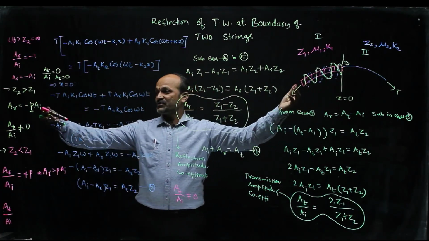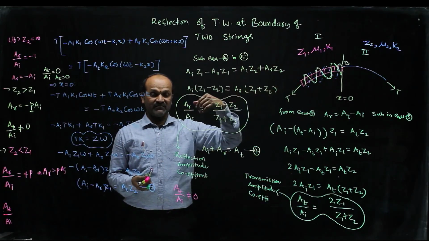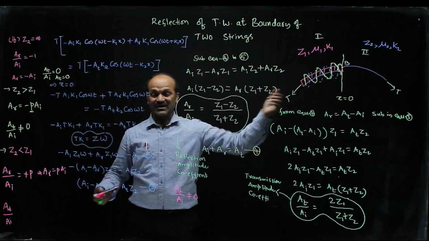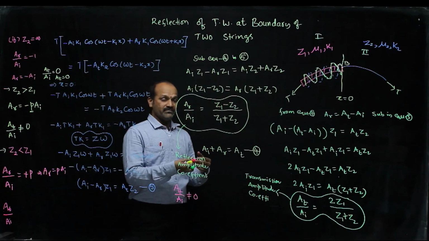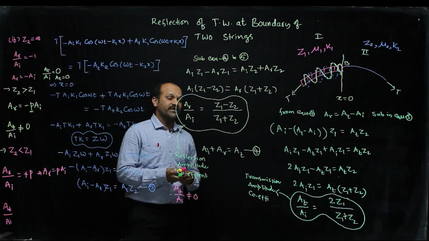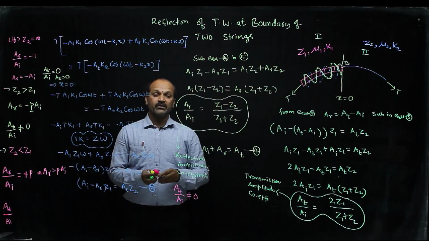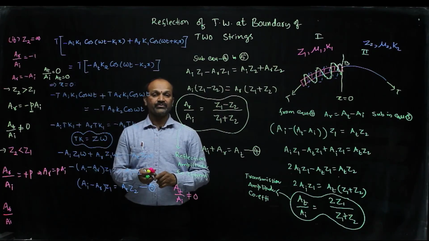Initially, in the previous case, when you get negative, it is out of phase. Both the waves, incident wave and reflected wave, are out of phase. In this case, when the impedance of the second string is less than the first string, the reflected wave and incident wave are in phase. So this is the information we get from this, and using these few important parameters of these materials we can deduce, right?